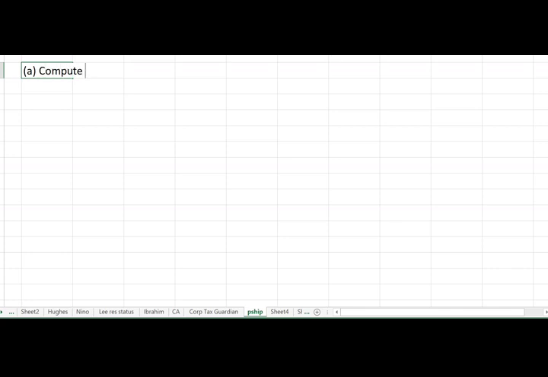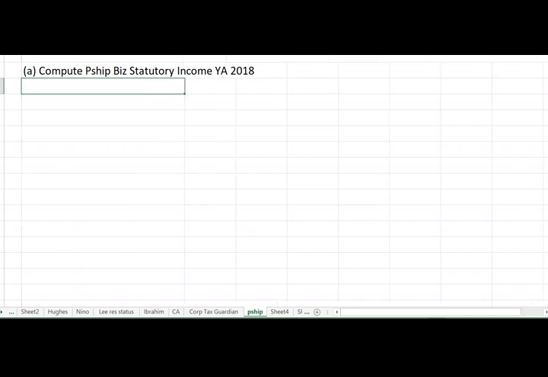Alright guys, I would like you to begin with this. We're going to start off with part A, where they ask you to compute the partnership business statutory income for year of assessment 2018. You have to know, you can't begin with the statutory income if you do not follow the steps.